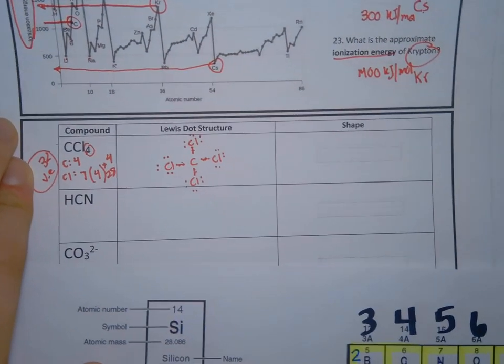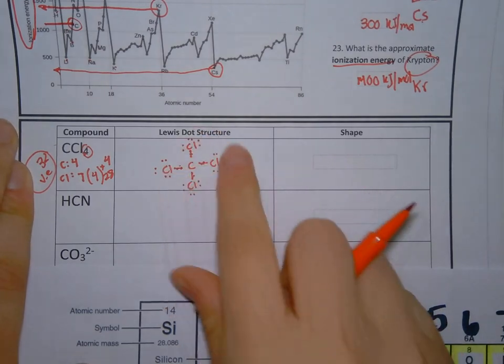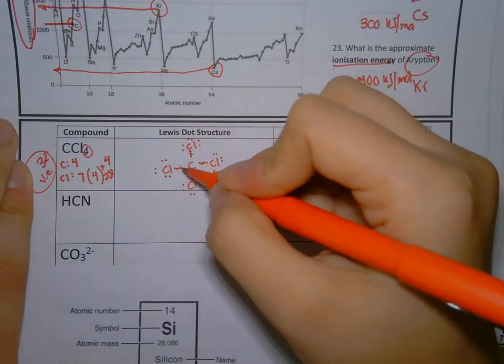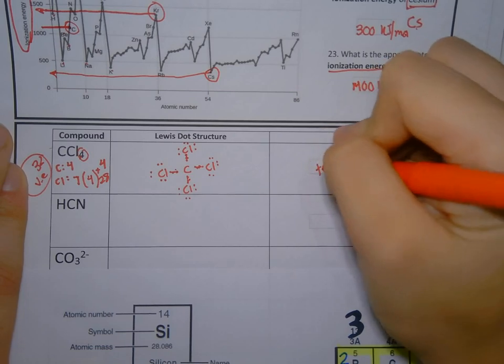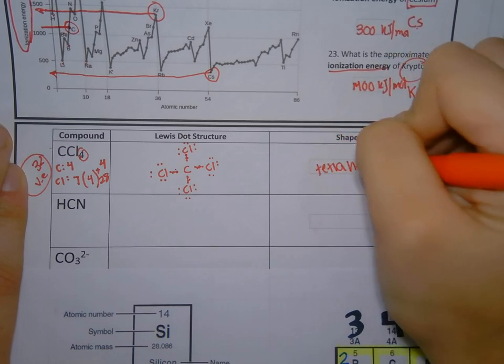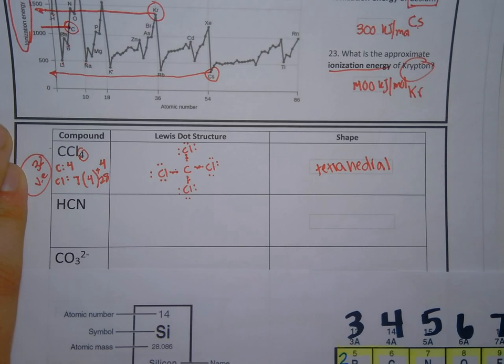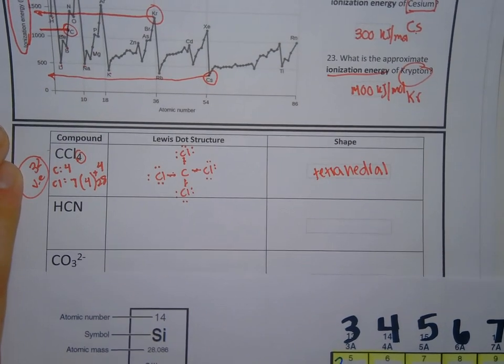And that's it. I'm done. The shape of a molecule like this that has a central atom with 4 things attached to it is called a tetrahedral.